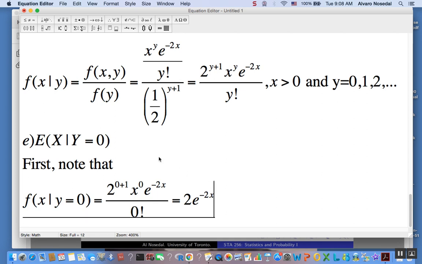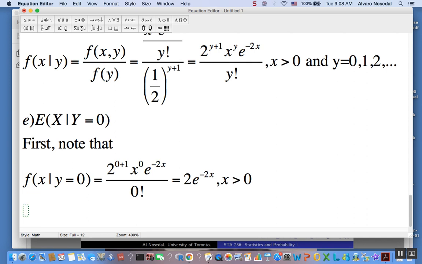Okay. And then we want the expected value of that expression. I'm going to show you a lazy way, and then I'm going to show you another way of finding this. The lazy way, I'm a lazy guy, right? When I see something like this, I've seen that kind of expression before.